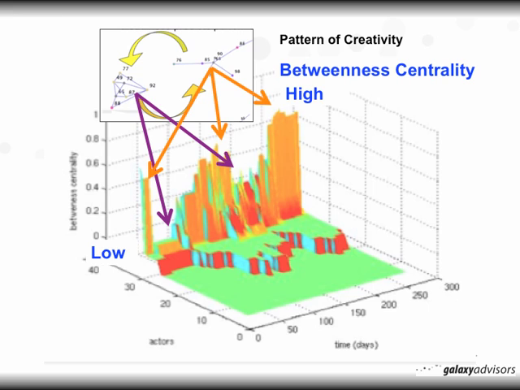Looking a little closer at the pattern of creativity, this team was working on adding new features in Eclipse. They were going back and forth between this galaxy format in the upper left, with the arrows going down.